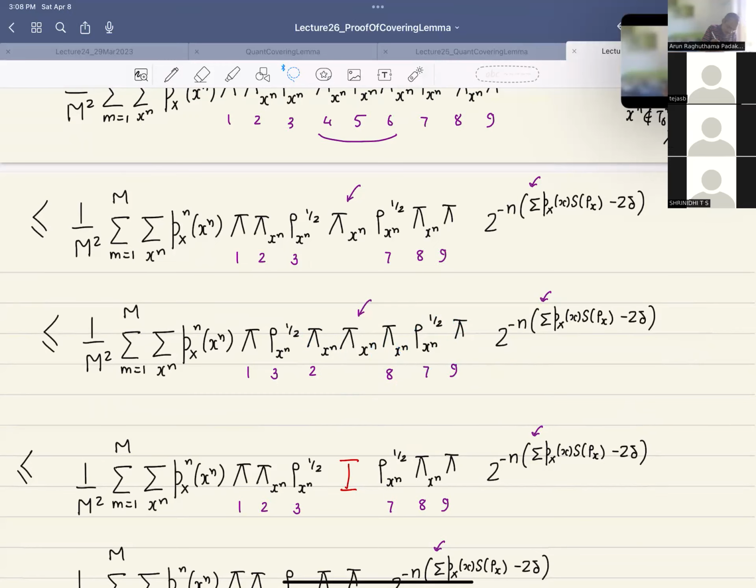You agree with this? So what did I do? I interchanged 2 and 3. I interchanged 7 and 8. That's all I did. And they are again, pi xn and rho xn commute.